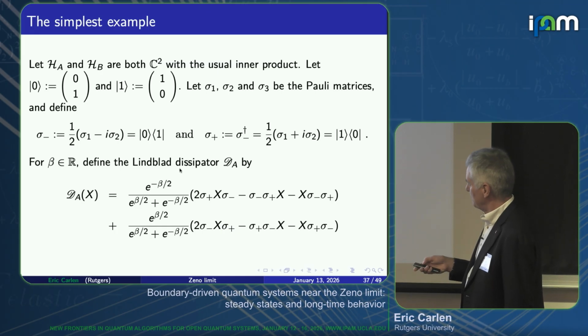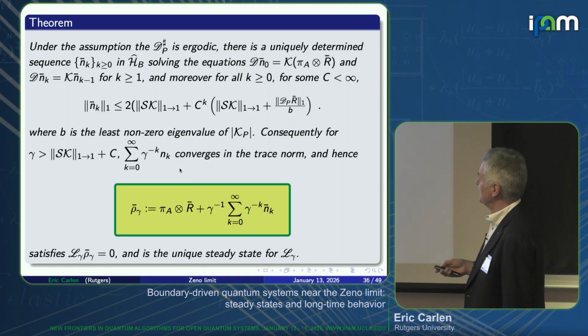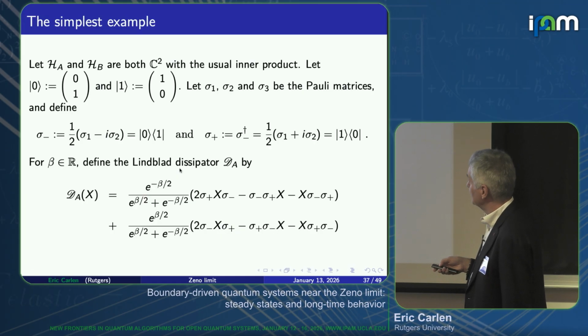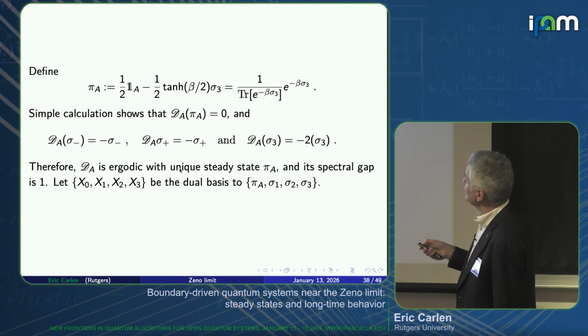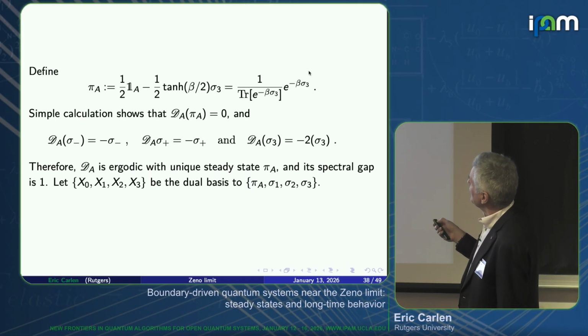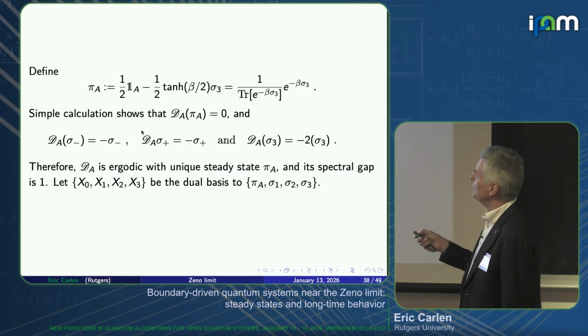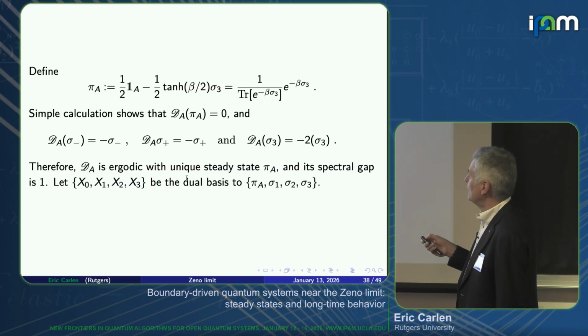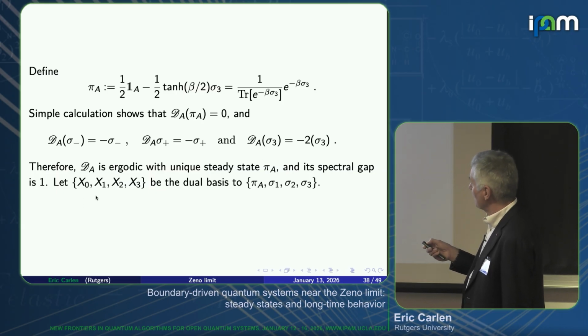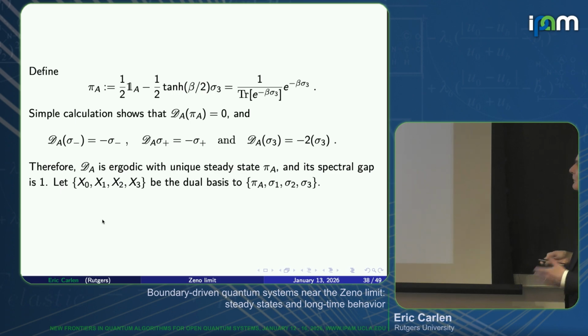And I'm putting in a temperature beta, and this is a familiar example for many people. This is the thing which has the Gibbs steady state. The steady state for this thing is e to the minus beta sigma 3 normalized, okay? And you can do some simple calculations of the eigenvectors and eigenvalues, and so it is ergodic with a spectral gap of 1, and now you can compute stuff.